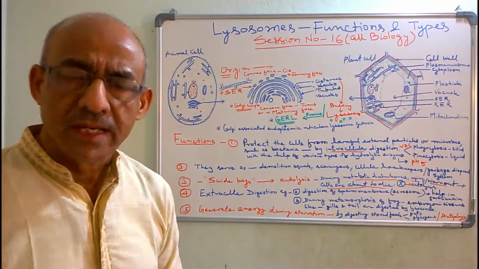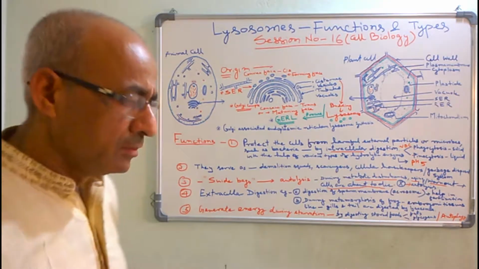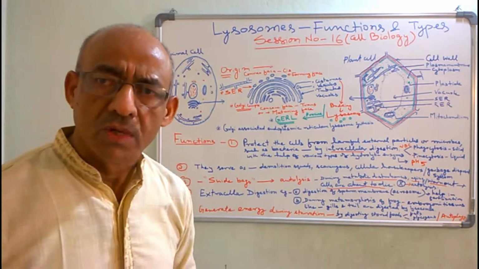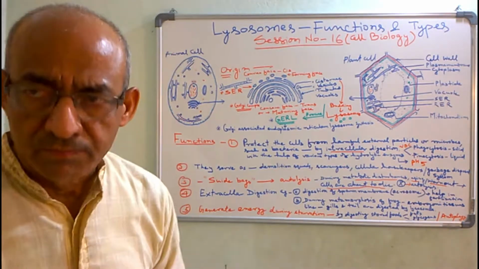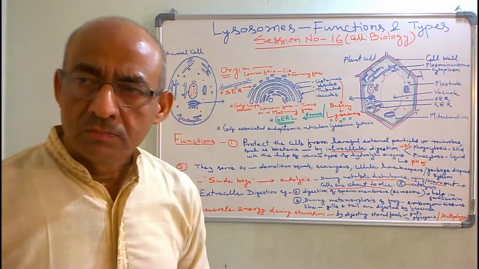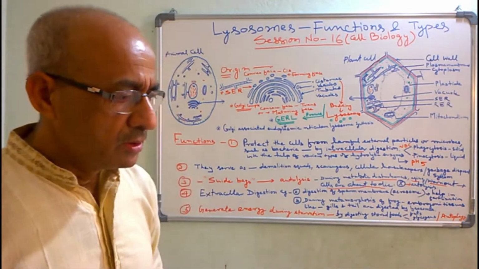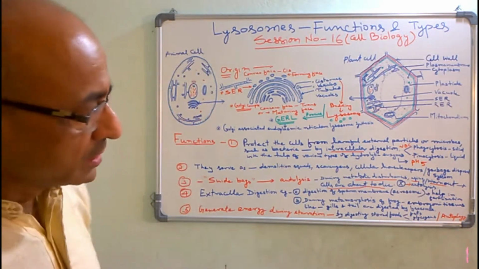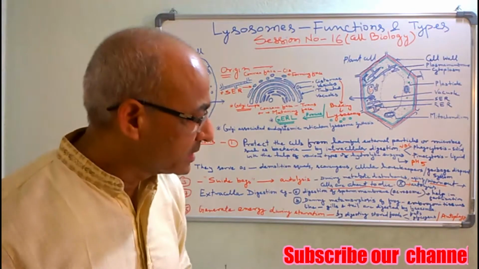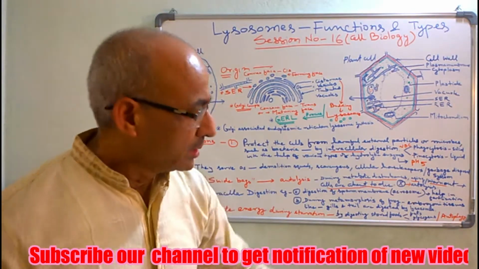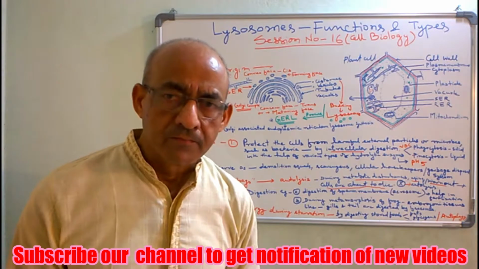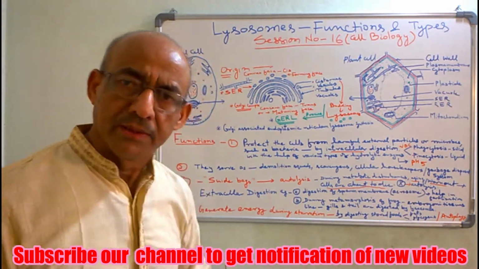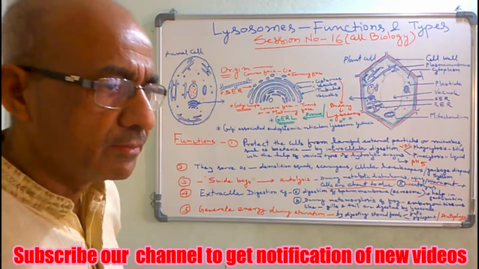This function is that whenever the organism suffers from starvation, when there is want of food, the lysosomes digest the stored foods of the cells, like fats and glycogen, by the process of autophagy, so that the cell as well as the entire organism may get energy.